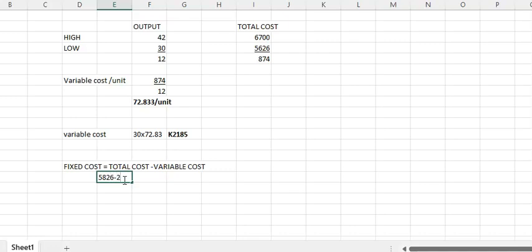And you remove your 2185. You must be able to get 3641 Kwacha. This is our fixed cost.